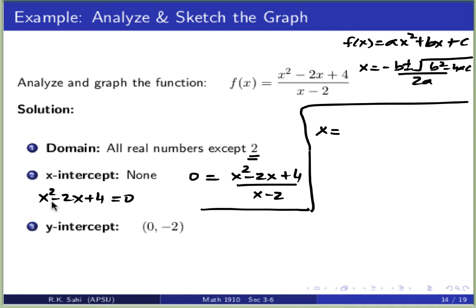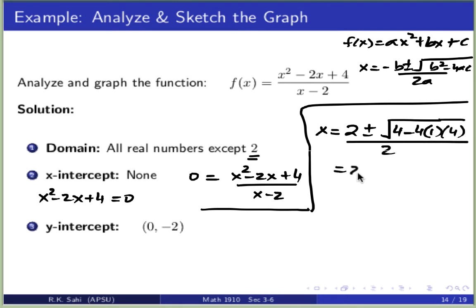My b is negative 2, so this would be 2 plus or minus the square root of minus 2 squared, which is 4, minus 4 times a is 1 and c is 4, divided by 2. What are we getting? 2 plus or minus the square root of 4 minus 16.